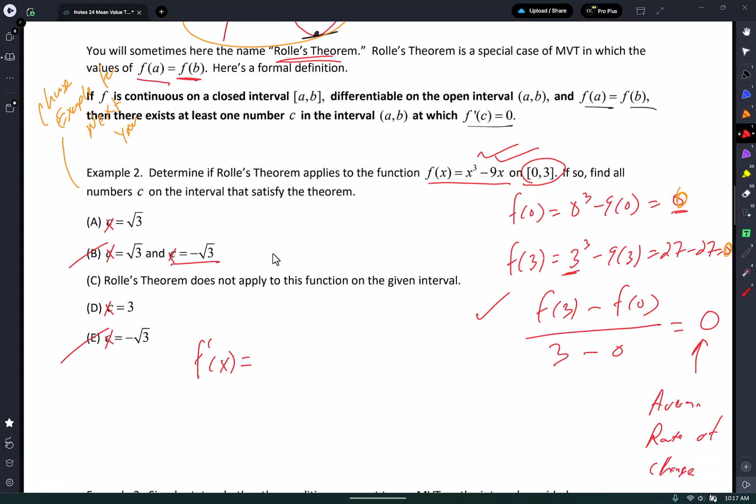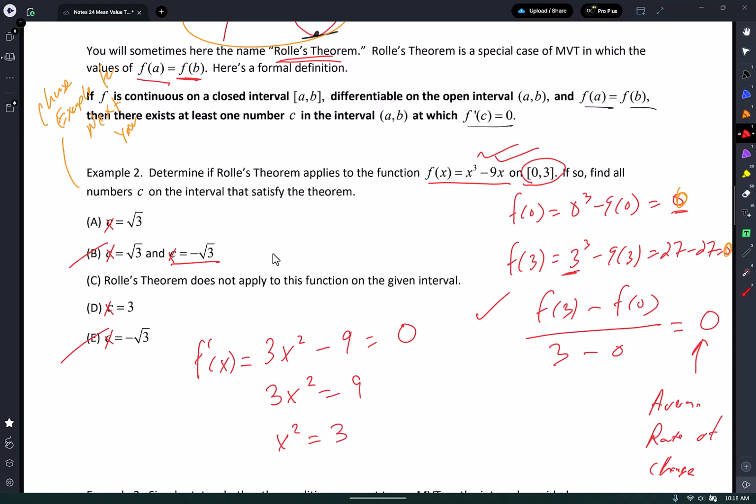f prime of x equals, what's the derivative of x cubed? Minus, what's the derivative of 9x? 9. And I'm going to set this equal to 0, because that's what my average rate of change was. This is also called Rolle's theorem, but whatever. We're still okay? We're just solving. 3x squared equals 9. Divide both sides by 3. x squared equals 3.